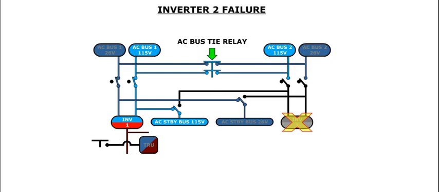The two 115-volt AC buses are connected through an AC bus tie relay, which will close automatically in the event one of the inverters fails or is not powered. In the event of a failure of Inverter 1, the AC standby bus will be automatically powered by Inverter 2.